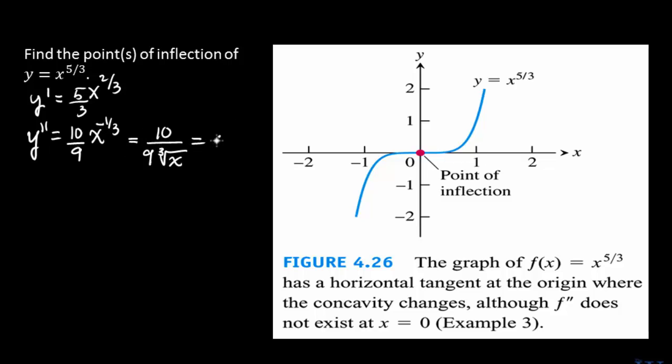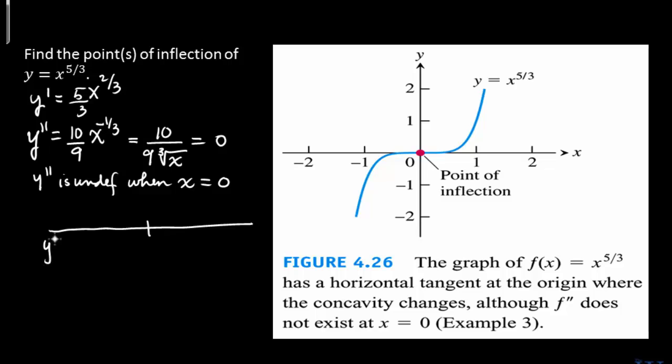And when you set that equal to 0, the numerator will never be 0, but y double prime is undefined when x is equal to 0, because that will make the denominator equal to 0, and that means it's a candidate for a point of inflection. So let's go ahead and test the sign of the second derivative. So this is our critical number for point of inflection, 0.